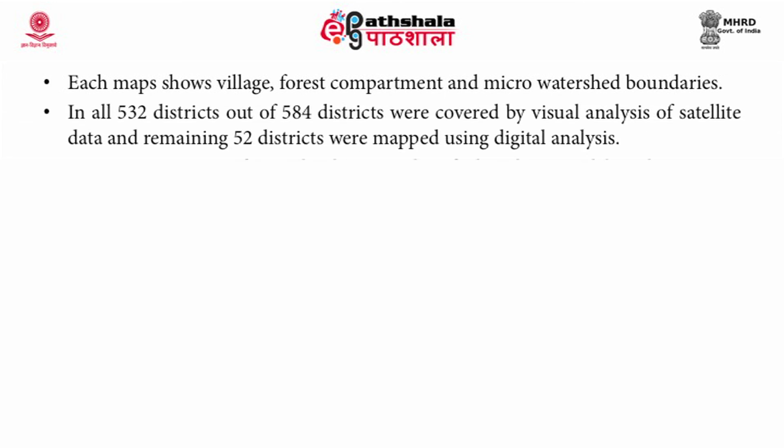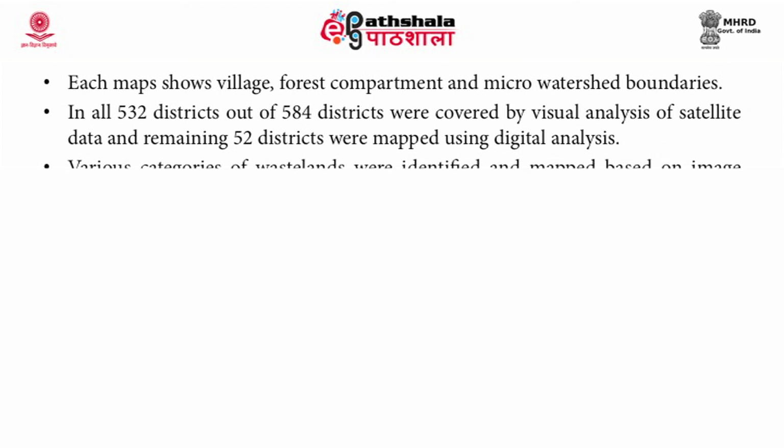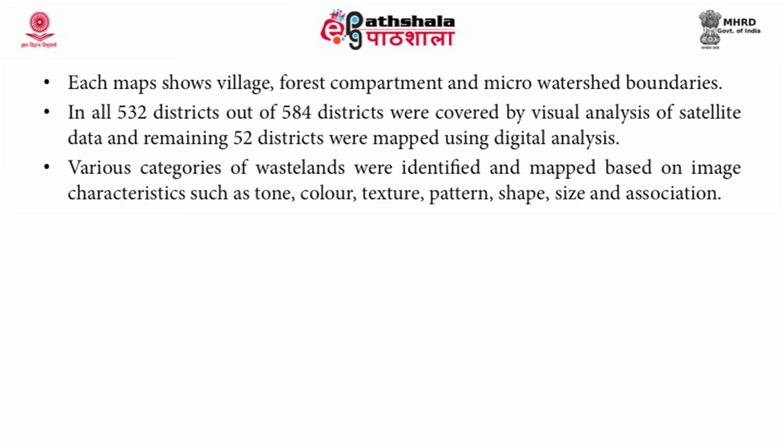In all, 532 out of 584 districts were covered by visual analysis of satellite data, and the remaining 52 districts were mapped using digital analysis. Various categories of wastelands were identified and mapped based on image characteristics such as tone, color, texture, pattern, shape, size and association.